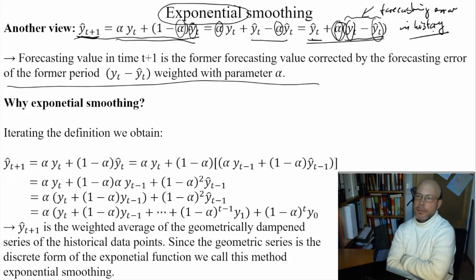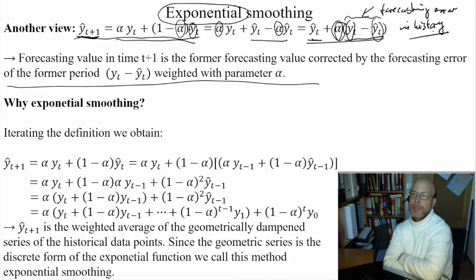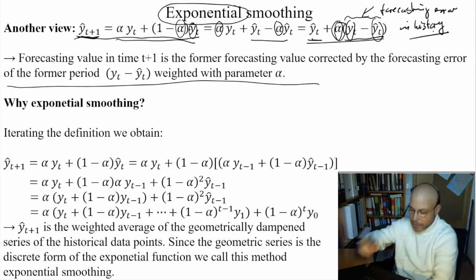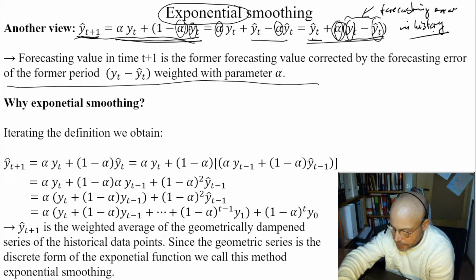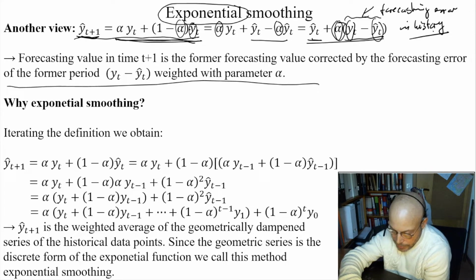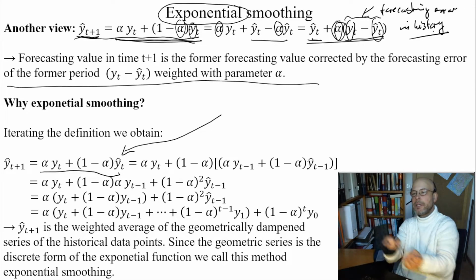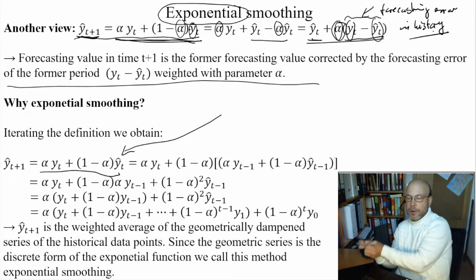Well, actually, this can be quite easily seen if we just iterate backwards our defining equation of exponential smoothing. Let's start with our definition, and then of course we apply for the former forecasted value also our definition.